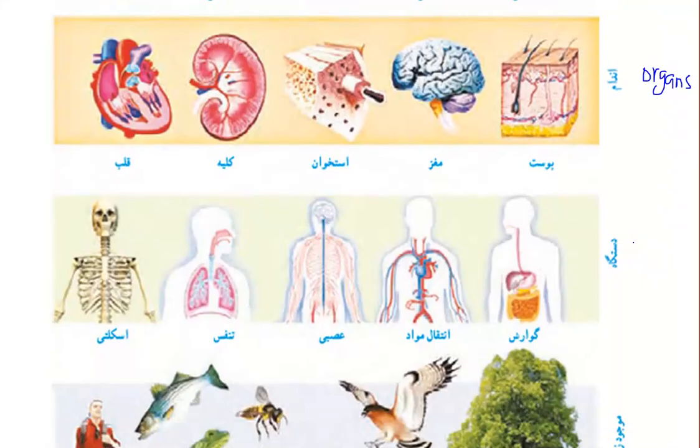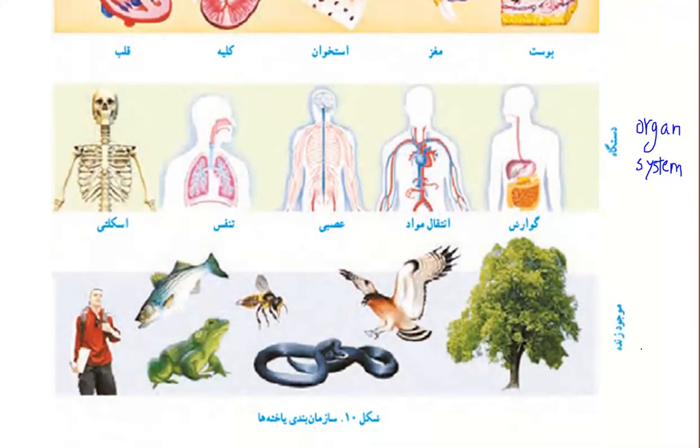Let me write it here. Organ system, and then the living things. It can be plants or animals or humans.